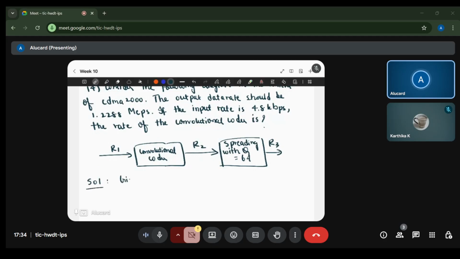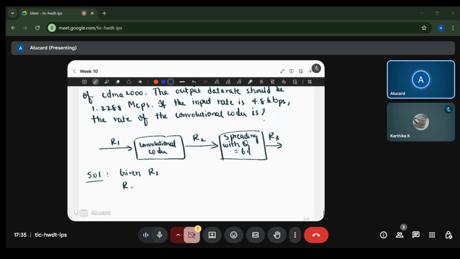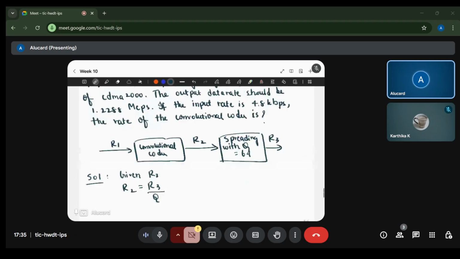You're given R3, and R2 should be R3 by Q, where Q is the spreading factor.